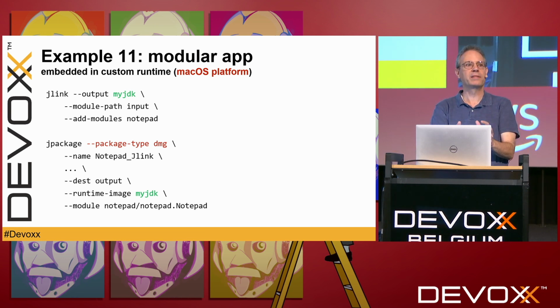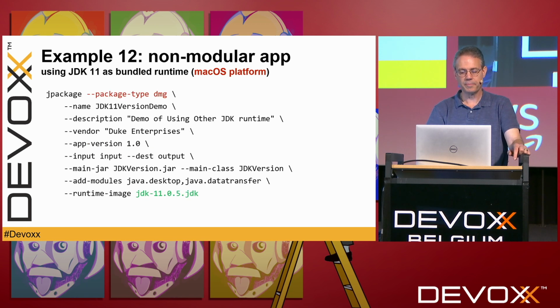And so everything is right there inside. There's no additional jar files needed. And so you'll notice there's not even an --input directory because we don't need anything. By the time jpackage gets it, all it needs is that runtime image. And so that's the only interesting piece there. And then this is the same example for Mac that I showed earlier running JDK 11.